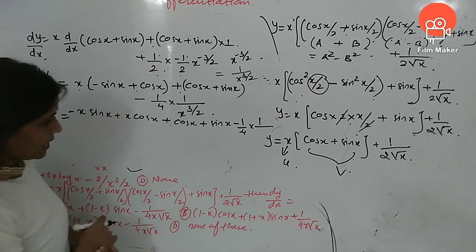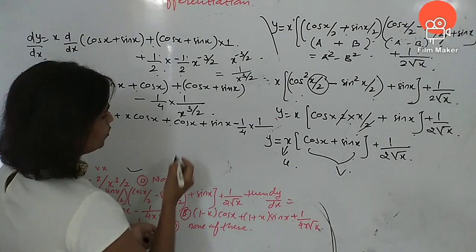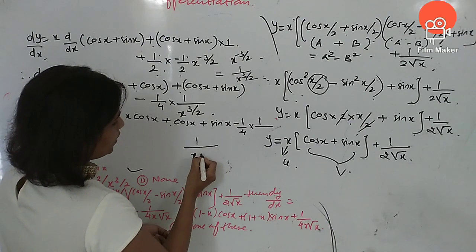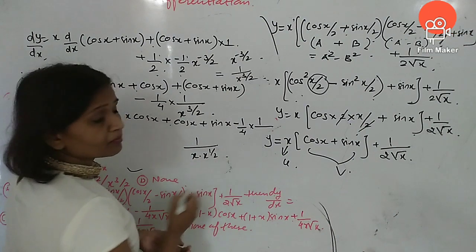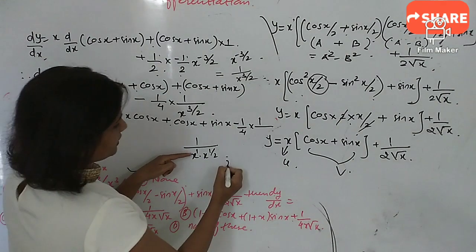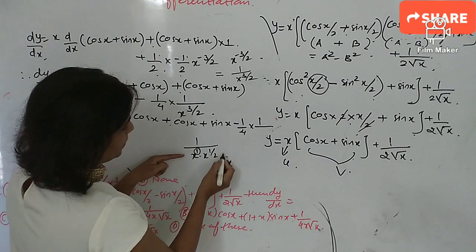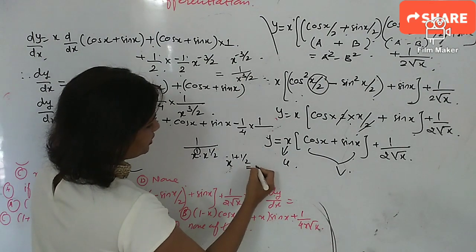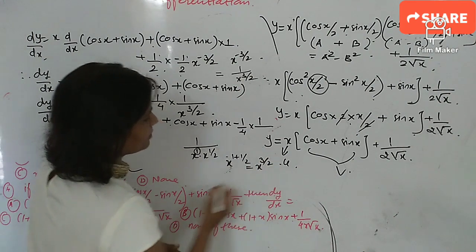I can write this value in the form of a root. Okay, so how can I write this value? I can write this value as x into x to the power 1 by 2. Okay, x has the power 1 and again you get the addition of these 2 powers, x to the power 1 plus 1 by 2. I get this addition as x to the power 3 by 2.